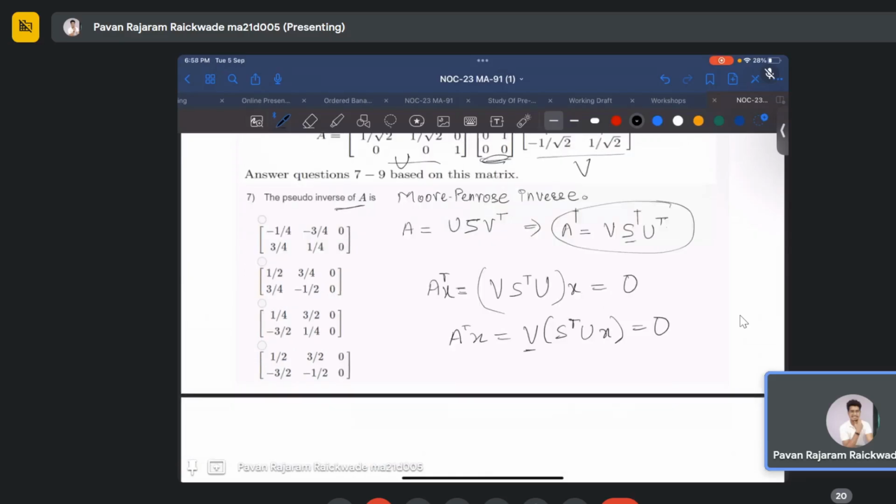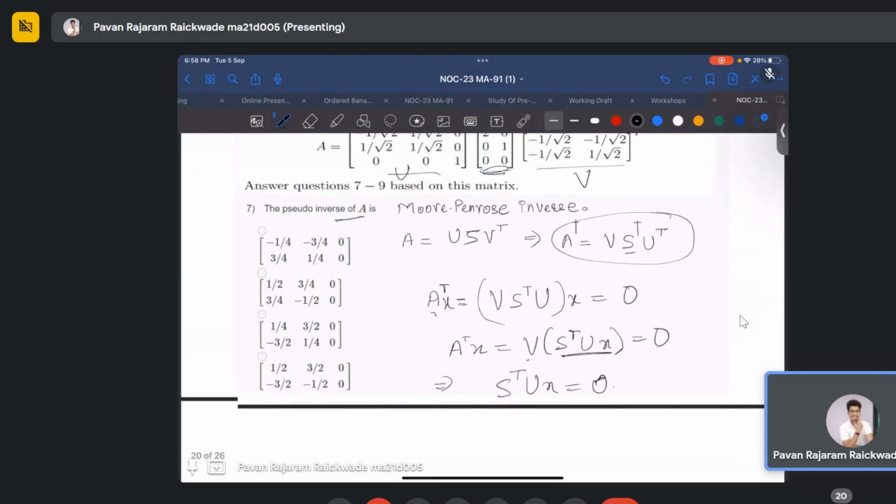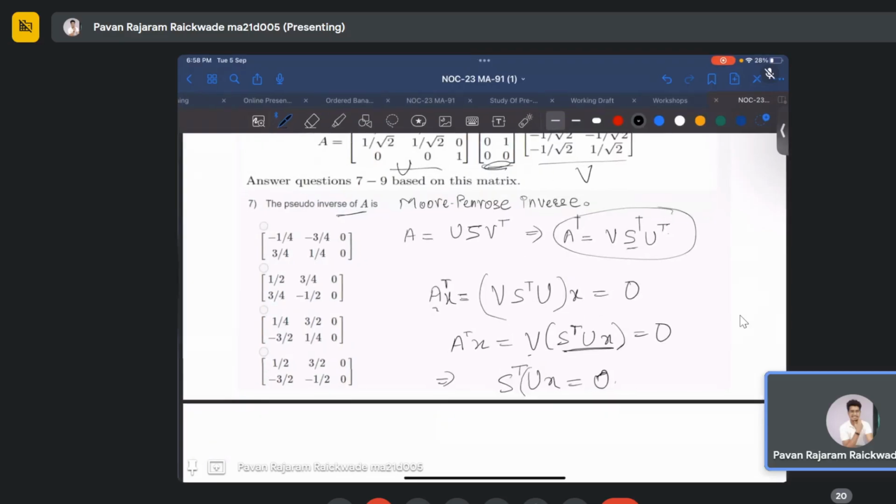But V, being unitary or orthogonal, does not have any non-zero vector in its null space. If A transpose X is 0, then this applied to V should be 0. But V is orthogonal, which implies its null space is 0. That implies S transpose UX has to be 0.